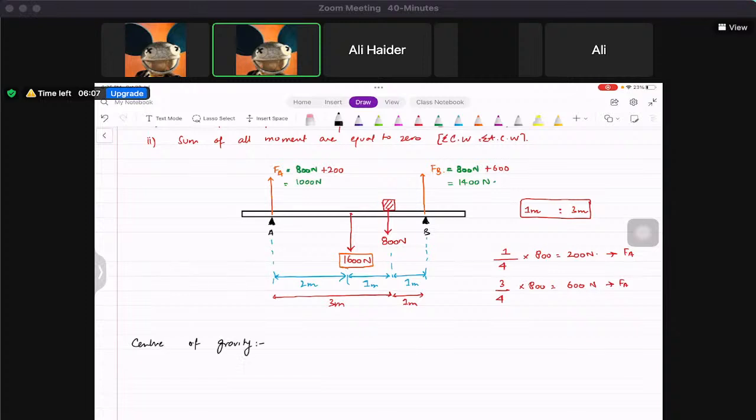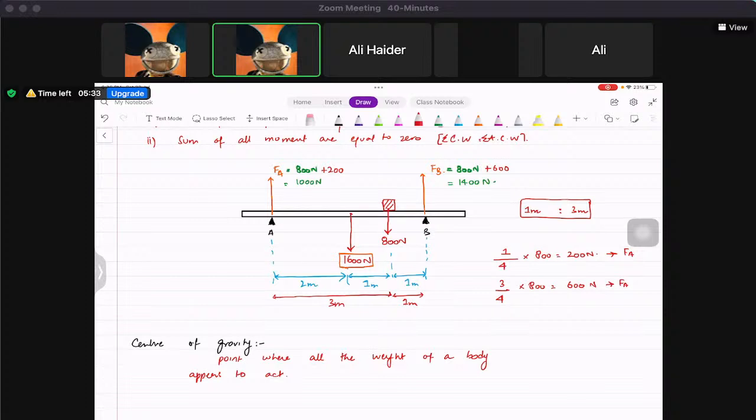Now, center of gravity is basically defined as the point where all the weight of a body appears to act. Okay.